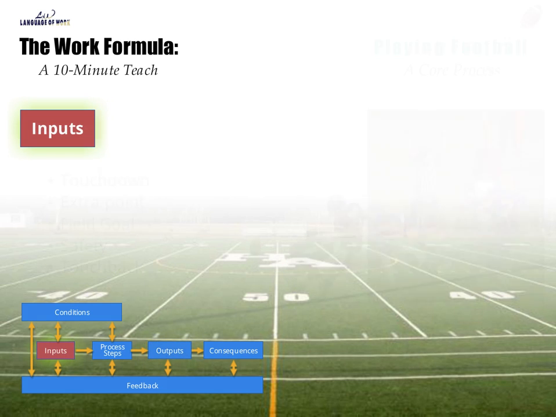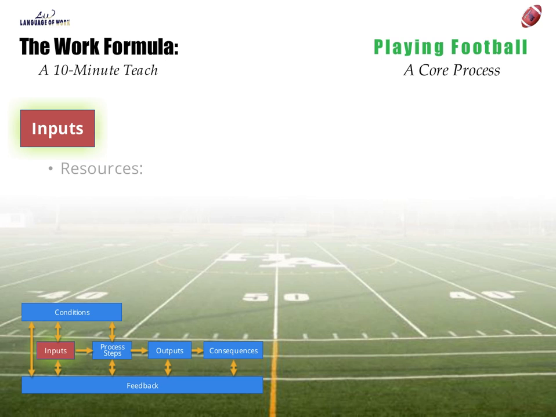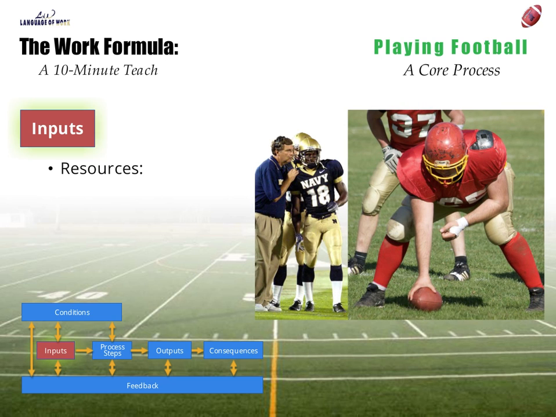Next are the inputs of work. Inputs are of 2 basic kinds, resources and triggers. The resources needed to play football are pretty obvious. You need players, uniforms, a ball, a variety of plays, and so forth. Other inputs, called triggers, initiate the work.